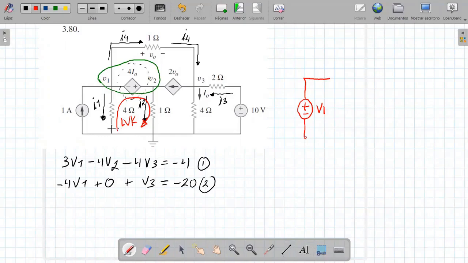Between here and here there is a dependent source, which is 4 times I0. And here I am going to put another source.